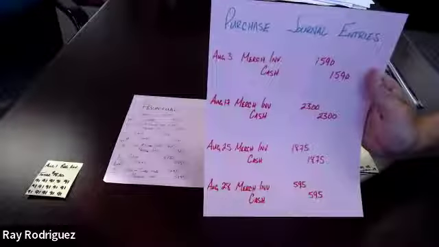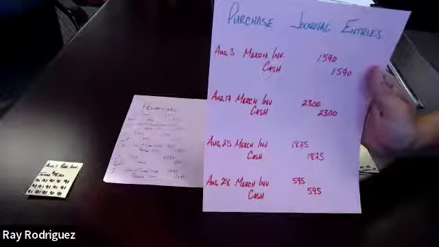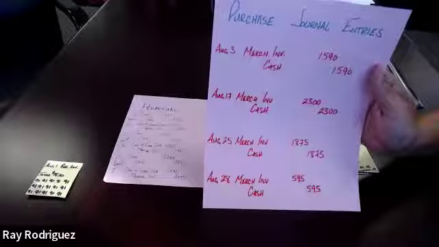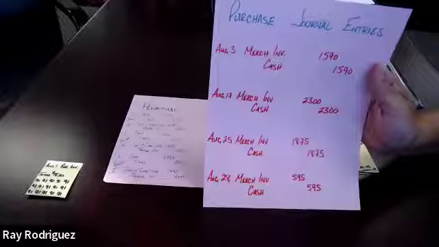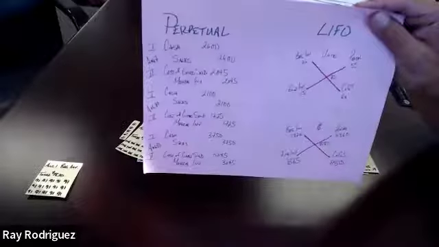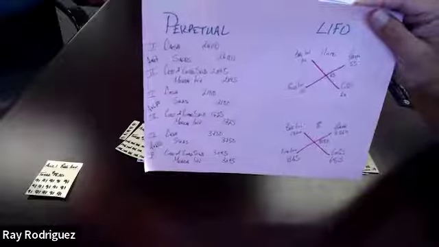And those are the journal entries that we made for the purchases when they happened: a debit to merchandise inventory and a credit to cash in the amounts of all those purchases. That's what got those costs into merchandise inventory. And here is where we took those costs out of merchandise inventory when we sold them. That's perpetual LIFO.